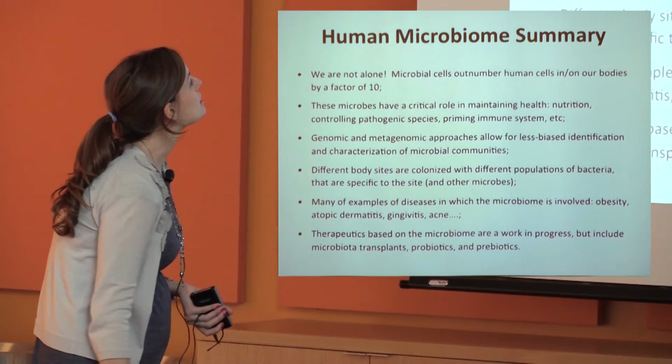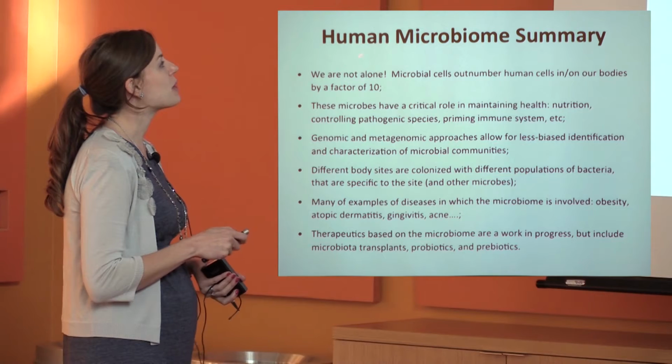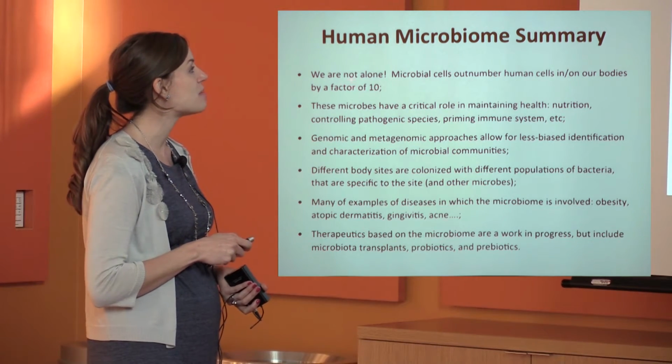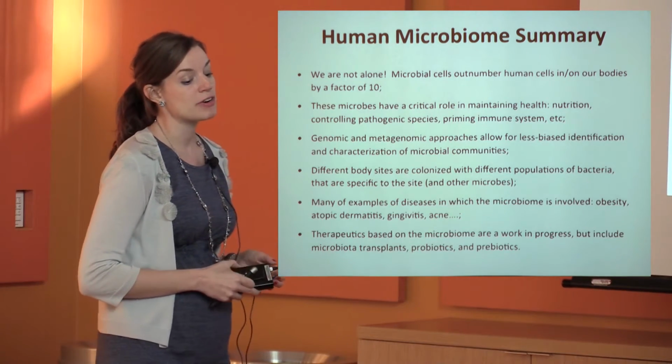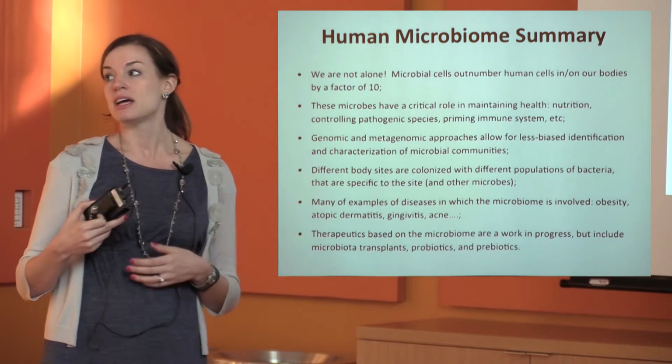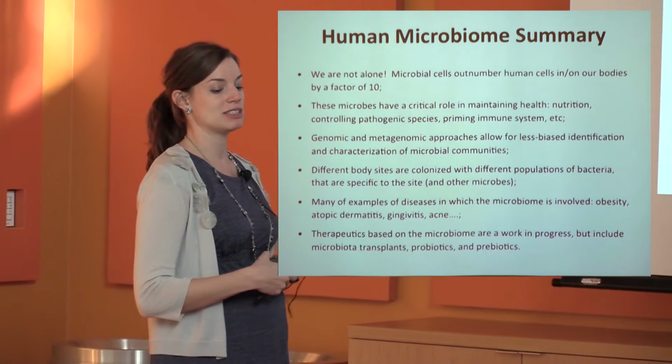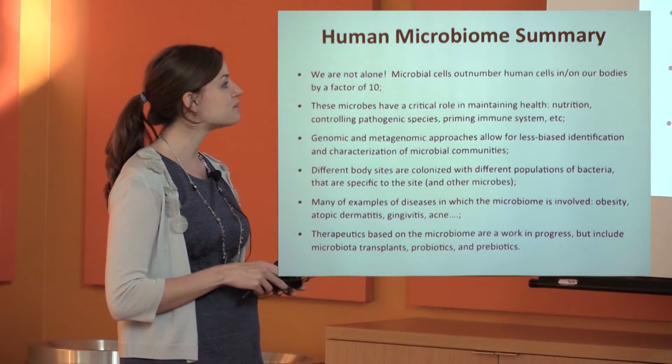So to summarize, I hope I've shown you that we're not alone, that our microbial cells outnumber human cells by a factor of 10. And these have critical functions in educating the immune system, for example, controlling pathogenic species, nutrition.